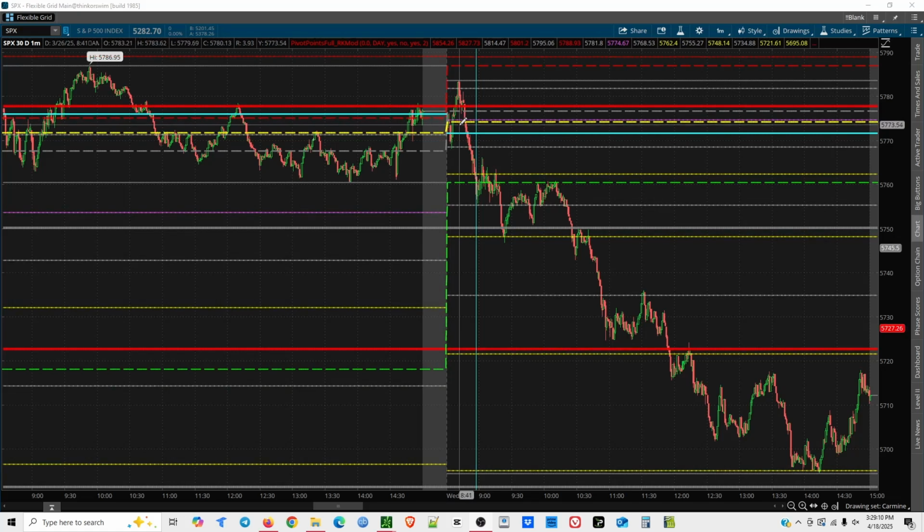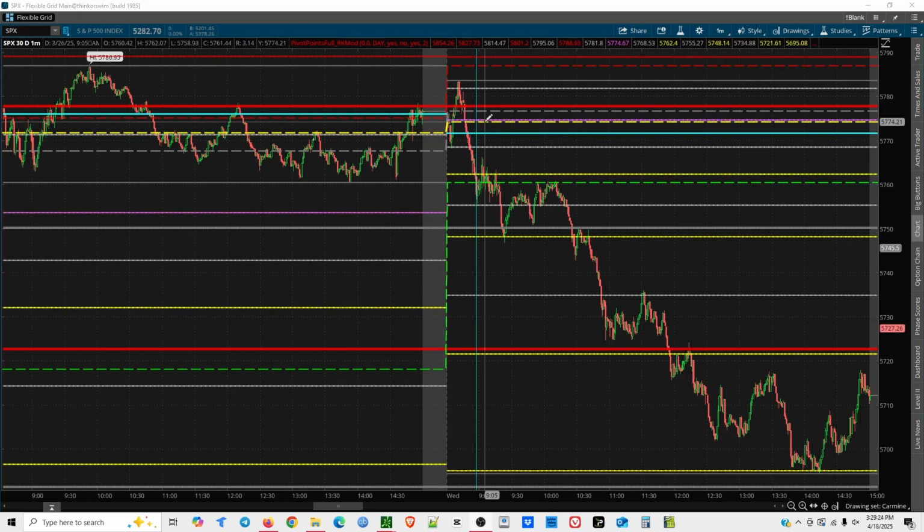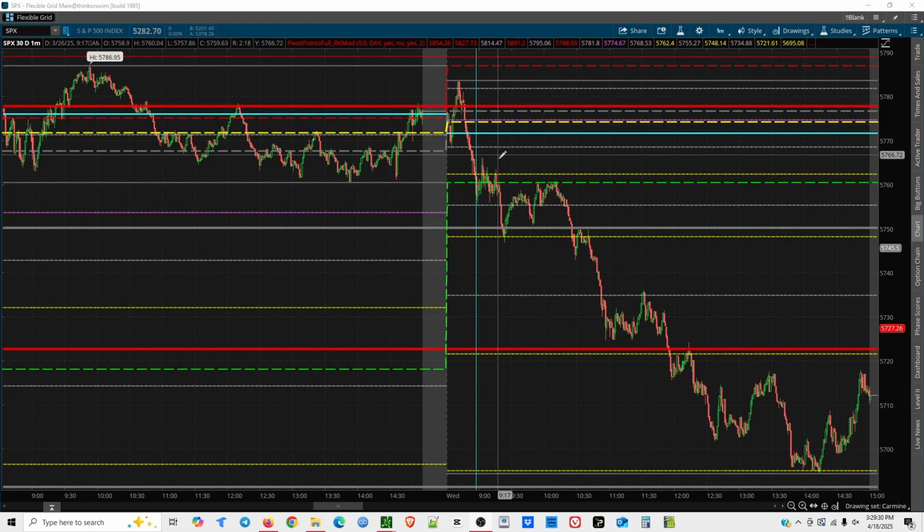So you're going to have your RTH open in cyan blue, the previous day close with the heavy gray dashed line with the half gap in between. Down here you see the previous day low, which was right here, the previous day high, which is right here. And then you see various pivot point lines throughout the day.